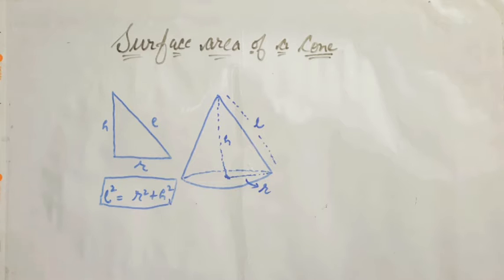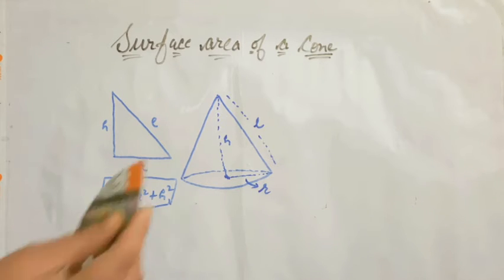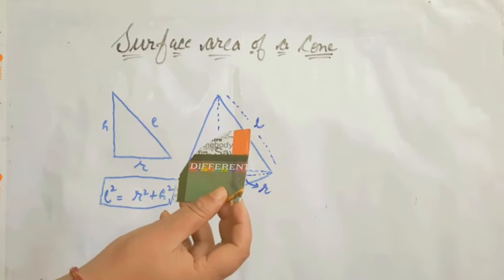Now let us find the area of its curved surface. I told you this is a quarter of a circle.